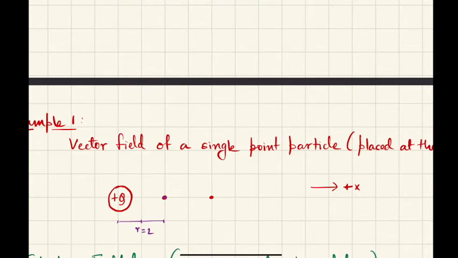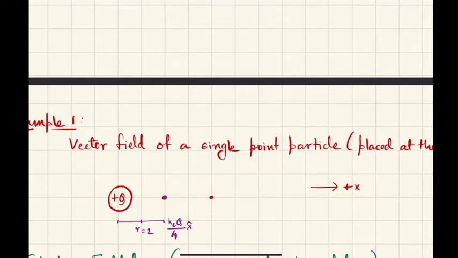Okay, and so the strength of the electric field is Kc q by 2 squared, which is nothing but Kc q over 4. Now there's also a vector associated with it, but for 1 dimension this is straightforward. We already know what that vector is. The vector is simply pointing along the x direction, so it's just x hat.